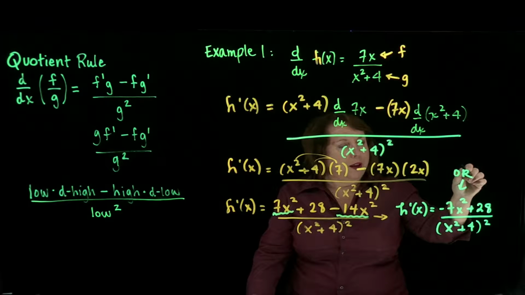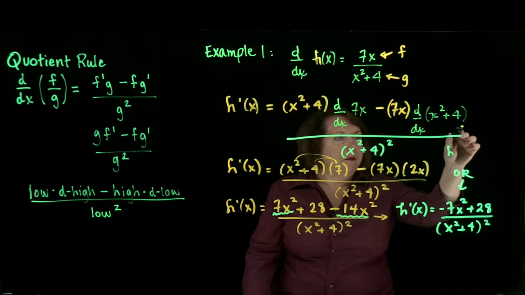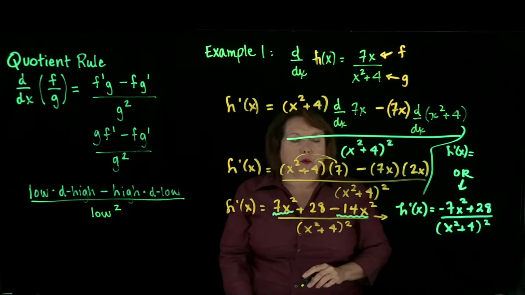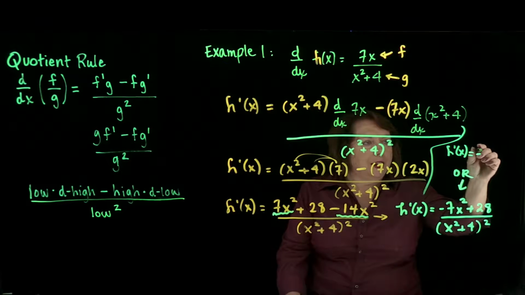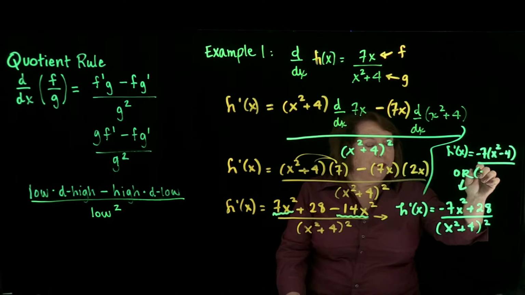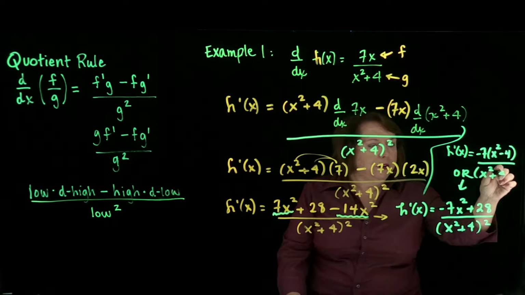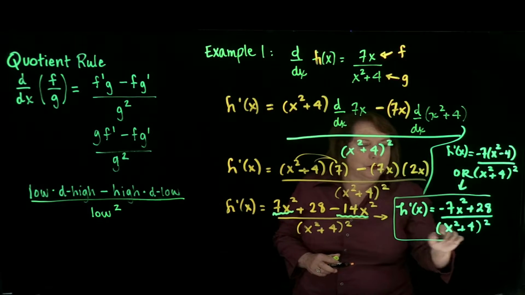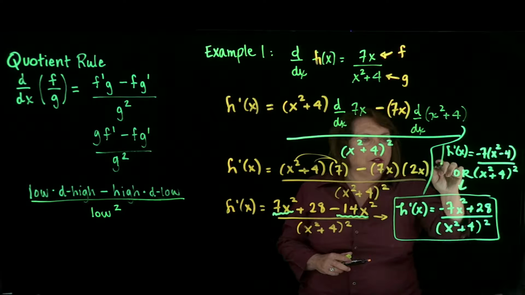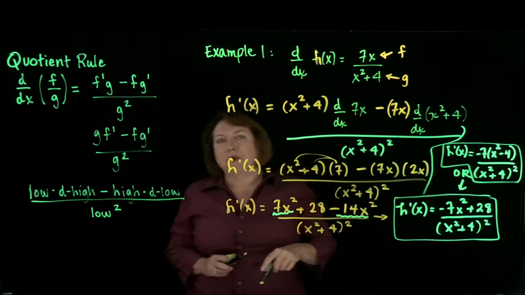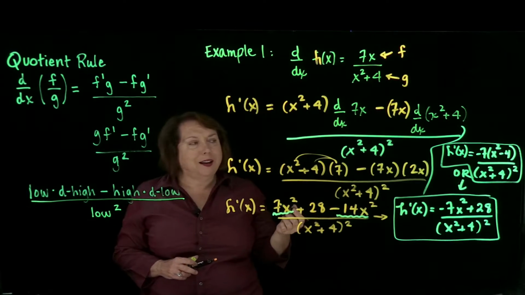Let me put an or here. And let me write here, h prime of x is equal to, we can factor out that negative 7 and leave it as x squared minus 4 divided by x squared plus 4 quantity squared. So there's one answer. That one's fine. There's another answer. This one's correct as well, just a little bit more simplified.